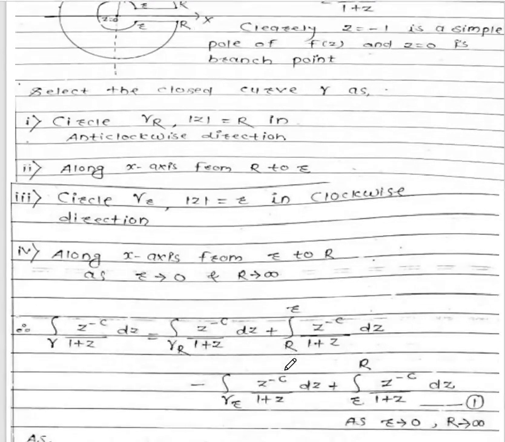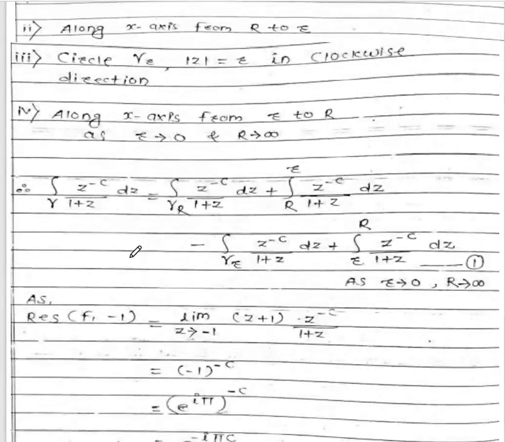By using the concept of the integral, the integral over curve gamma of z to the power minus c upon 1 plus z dz equals the integral over gamma R of z to the power minus c upon 1 plus z dz, plus the integral from small r to capital R of z to the power minus c upon 1 plus z dz, minus the integral over gamma r of z to the power minus c upon 1 plus z dz, plus the integral from capital R to small r of z to the power minus c upon 1 plus z dz.